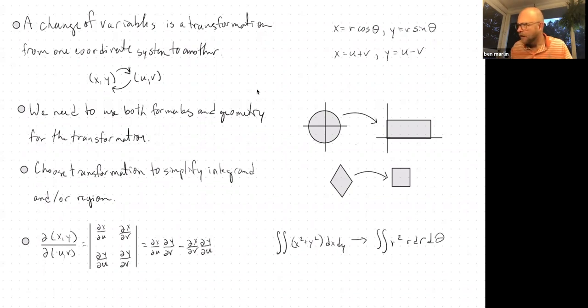When we do some other setup for this, we will in general see that the new region is going to look somewhat like the old region. Not exactly the same, but somewhat. For example, what we will generally find is that if you have 4 sides and 4 corners, you're going to have 4 sides and 4 corners.